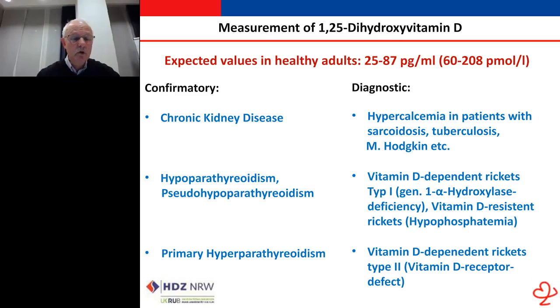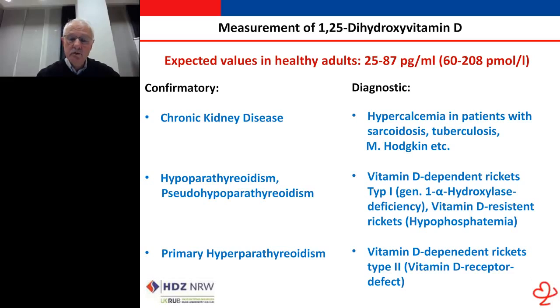It's also low in patients with hypoparathyroidism or pseudohypoparathyroidism, and it's high in patients with primary hyperparathyroidism. And in these cases, one can use measurement of 1,25-dihydroxyvitamin D for confirmatory reasons.